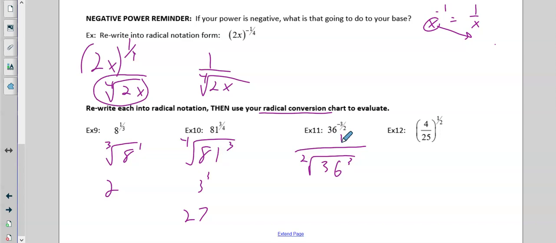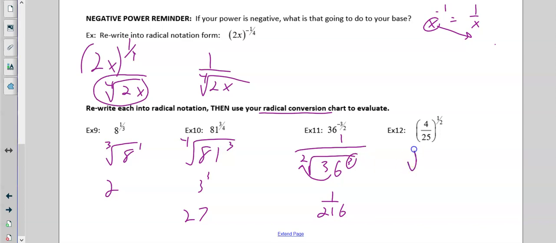So the square root of 36 is 6. Okay? And then 6 cubed is 216. So this is simply 1 over 216. Now remember, all I did was I looked at my chart. I took the square root of 36, which is 6, and then I cubed it, which is 216. And I put it on the bottom because it's a negative exponent.